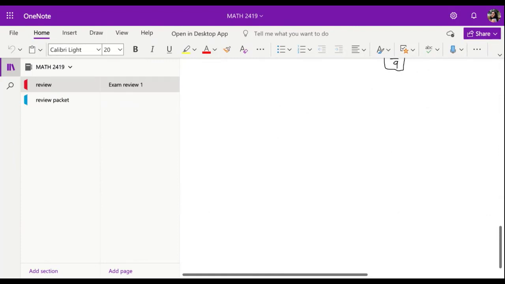It says to find the horizontal and vertical tangents of x equals 3 cosine squared theta and y equals 2 sine 2 theta. So what do you guys think? How would we find the horizontal and vertical tangents of each one?